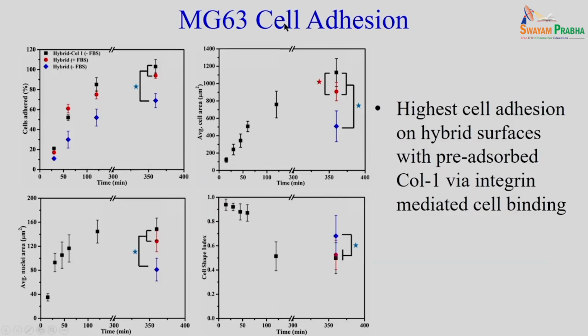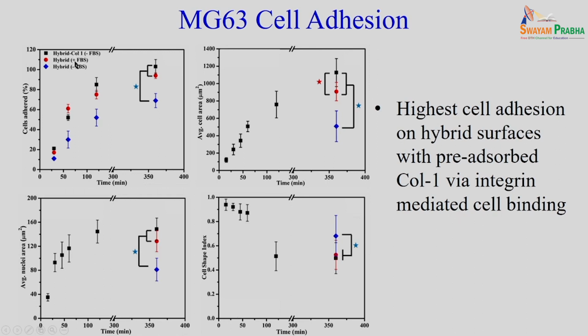So, here is the adhesion of Mg63 cells. The first graph shows that, as expected, with an increase in time the number of cells is increasing. Here we have three cases. One case was the hybrid surface pre-adsorbed with collagen.